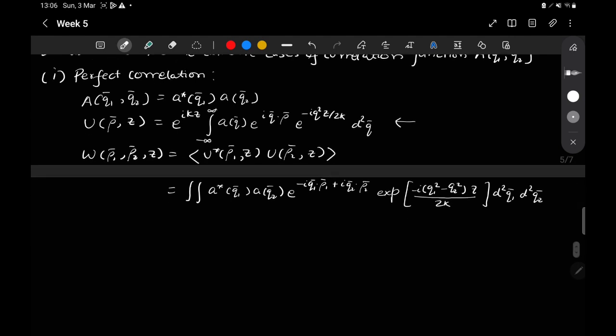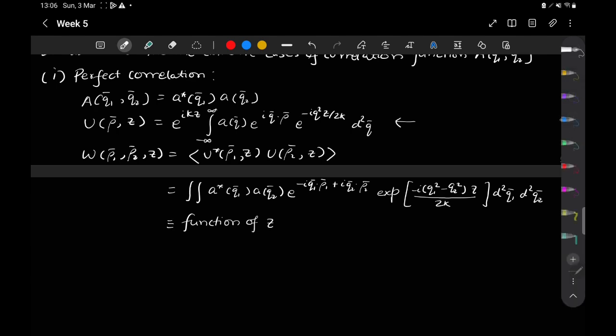Now this we can see will clearly be a function of z. Why? This is because of the presence of this z exponential over here, which is not getting cancelled out or integrated out in any possible manner. So it will exist even in the final integral in some form.